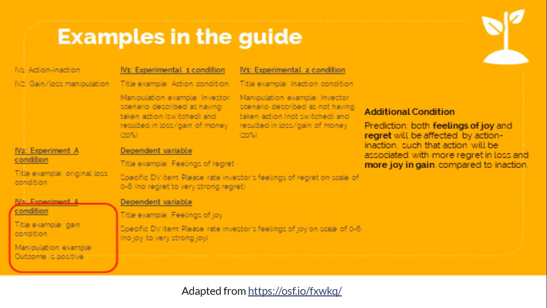The prediction is that action would be associated with more joy in the gain condition as well, compared to inaction. However, this kind of design is more complicated and requires more participants. So please consult the course instructor freely if you want to implement this kind of additional condition and design.